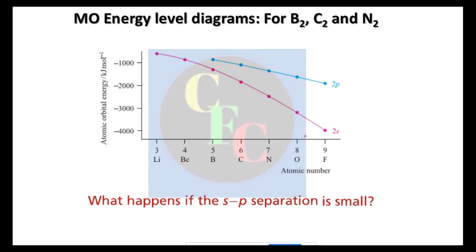What does this graph show? These graphs show the 2s and 2p atomic orbital energies. See, for lithium and beryllium there are no p orbitals, but from boron there are p orbitals also. P orbitals are a little higher in energy, we know. But as Z is increasing, the orbital energy is decreasing, the s orbital energy is decreasing, and so is the 2p orbital, but the gap is increasing.